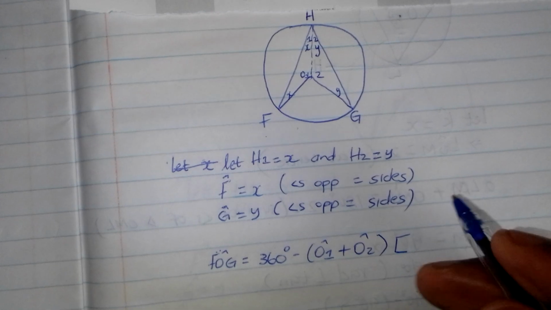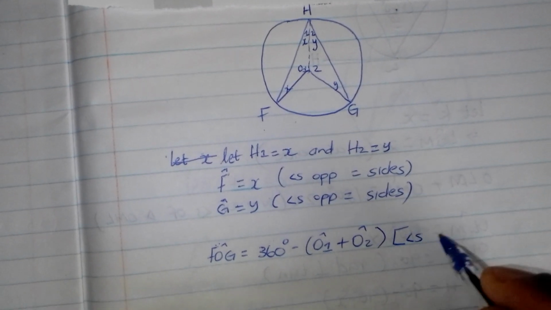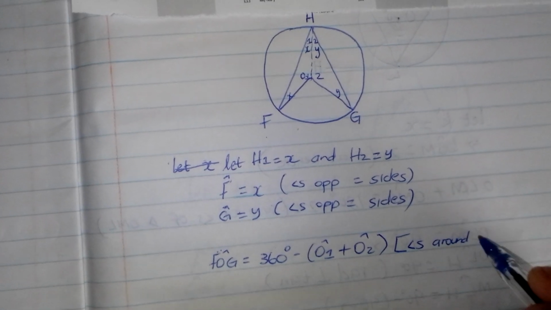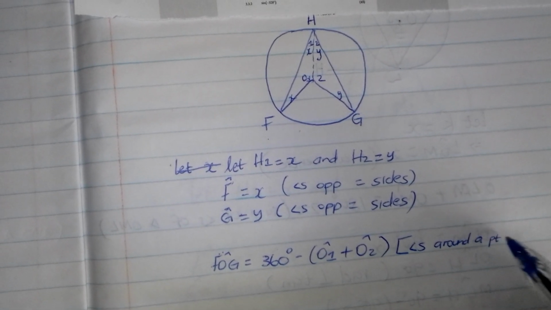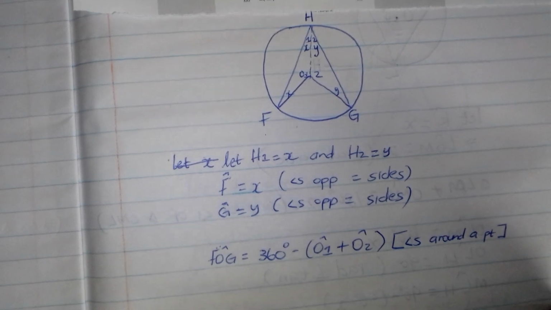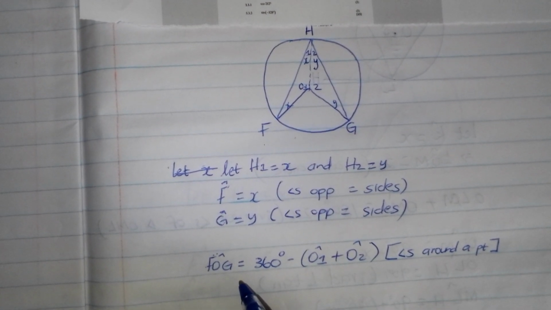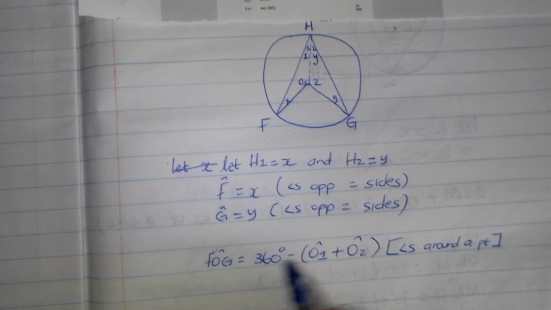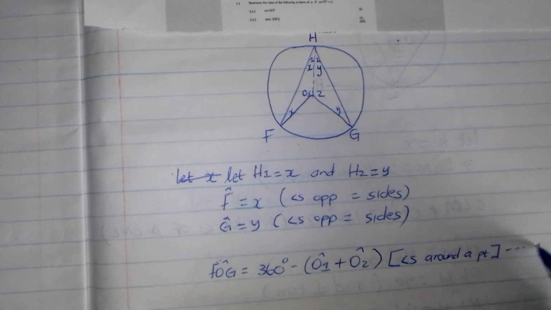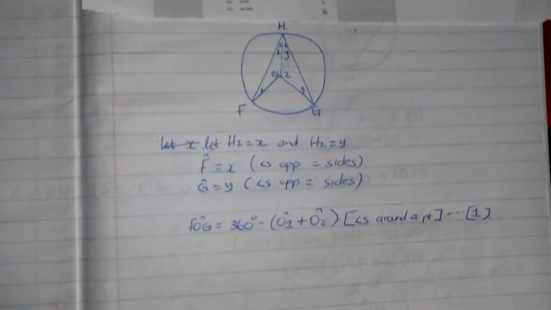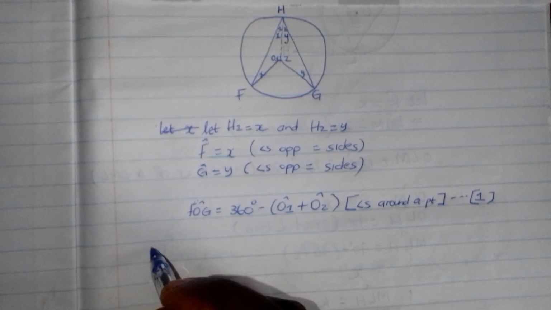And why is that? Do you guys know? Because the angles around a point, remember, angles around a point equal 360. Let's make that our equation 1, because I get a feeling we're going to need that later on.